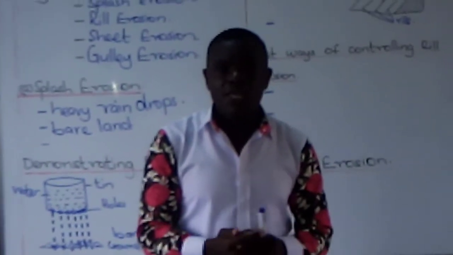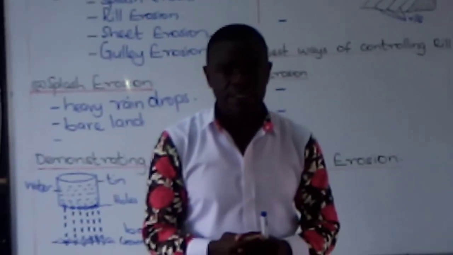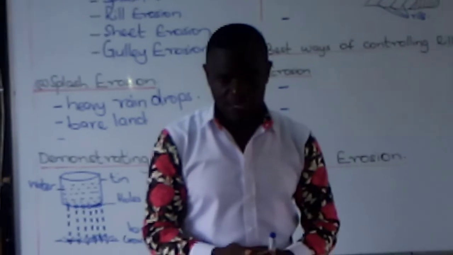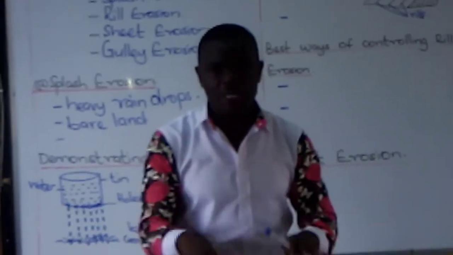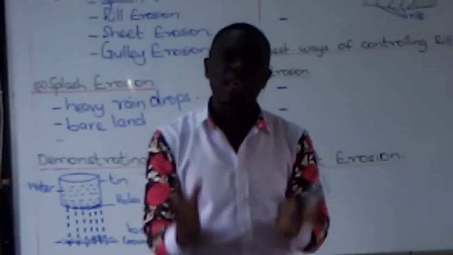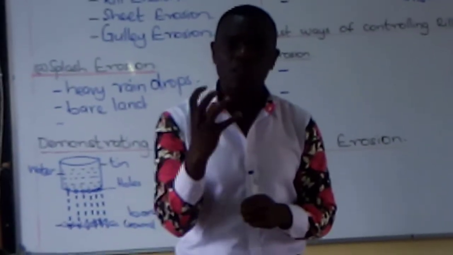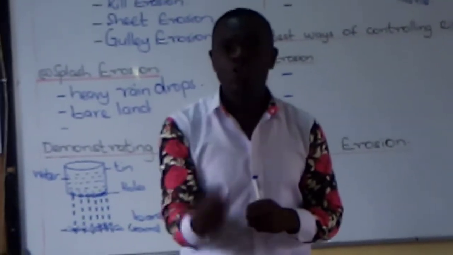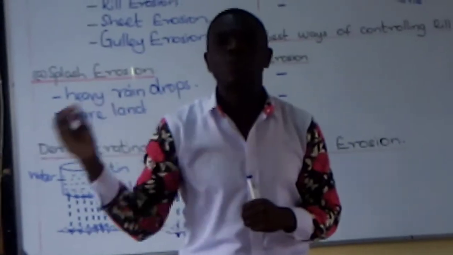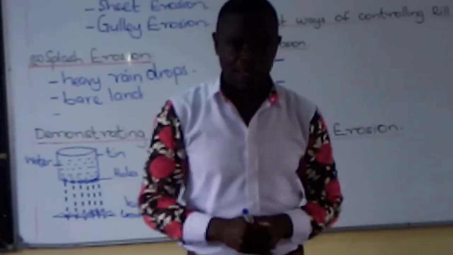Remember, trees have roots that form a network that holds the particles of the soil together. And so the soil is not loose, and so soil erosion cannot take place.